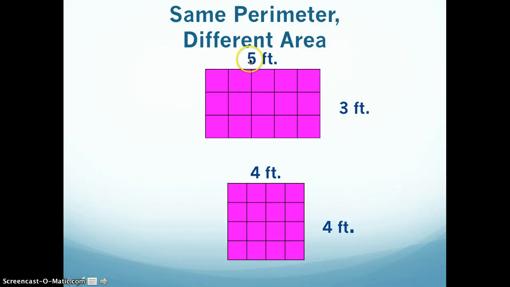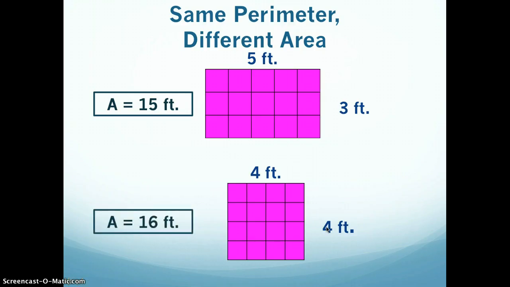You multiply the length times the width. 5 times 3 is 15, so we have 15 squares in here altogether, whereas in the bottom square, we have 4 times 4 for a final area of 16. Again, same perimeter, the distance around it, but different area. The inside pieces are a different size.